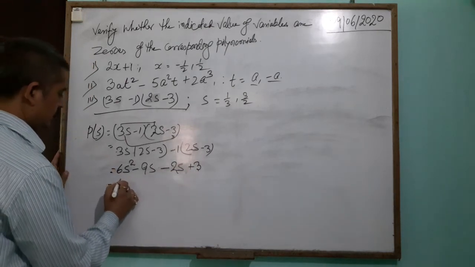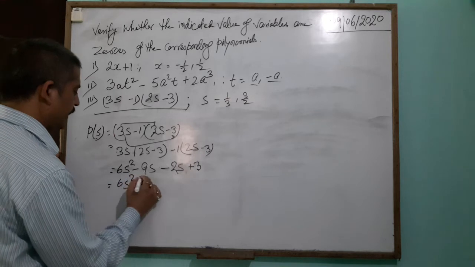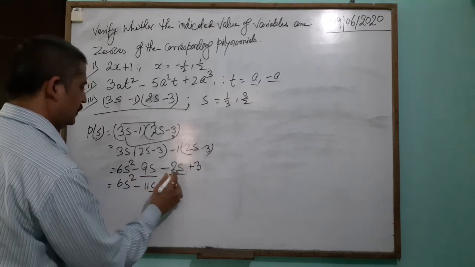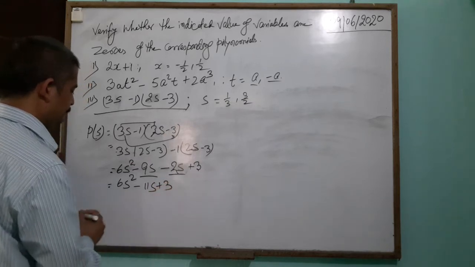So 6s square minus 9s minus 2s minus 11s plus 3.